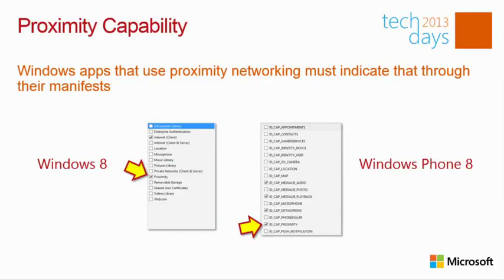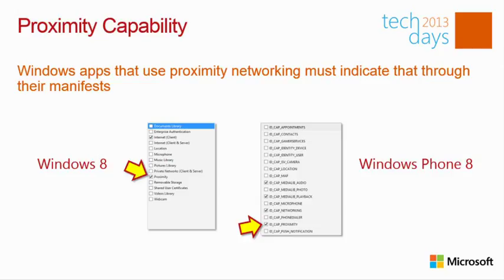Now, before we look at code, you need to be aware that in a Windows 8 app or a Windows Phone 8 app, when you use the proximity APIs, you must indicate as much through the manifest. Now, the way you do this is a little bit different in the two different project types, but they're similar enough that you should recognize these dialogs here.